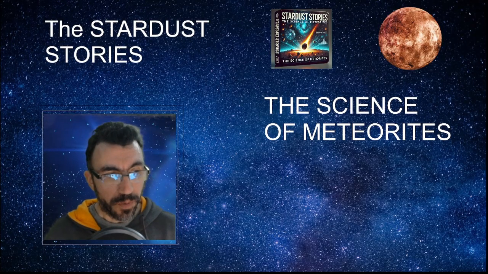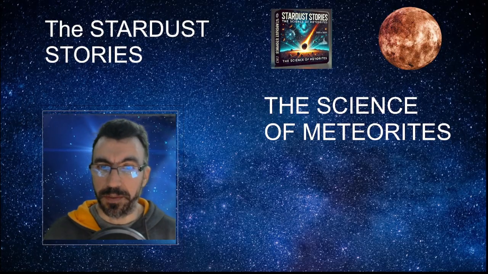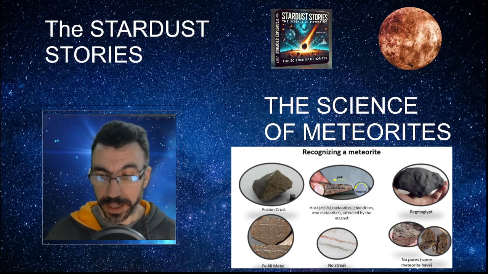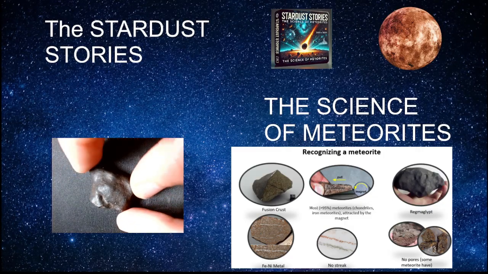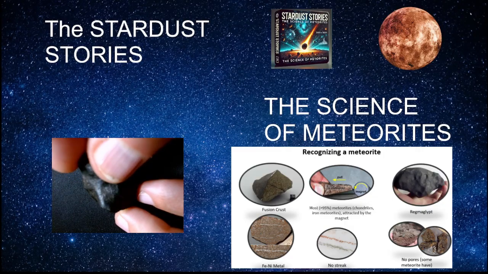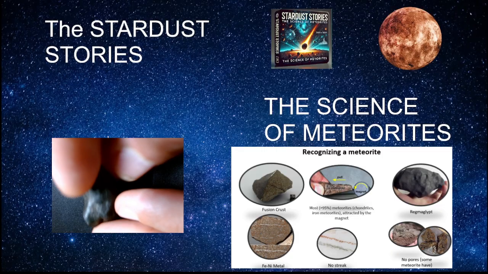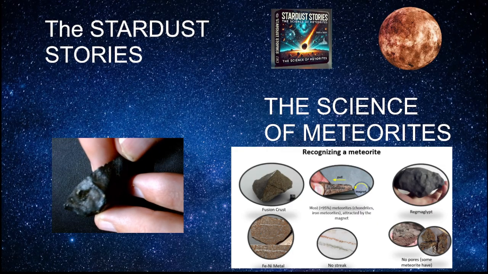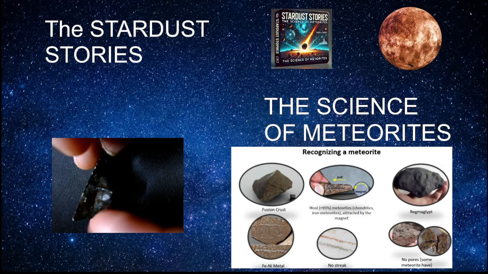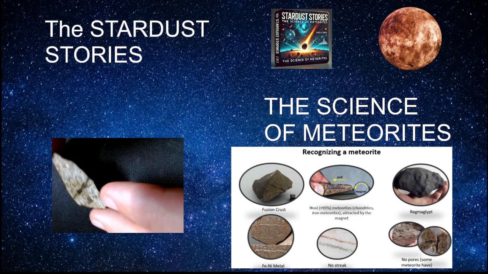So if we want to summarize, we could start from the presence of fusion crust, especially for the materials which are a bit fresh. This is a meteorite that corresponds to a fall, and it is likely a very fresh material, and this is the reason the fusion crust is still preserved.